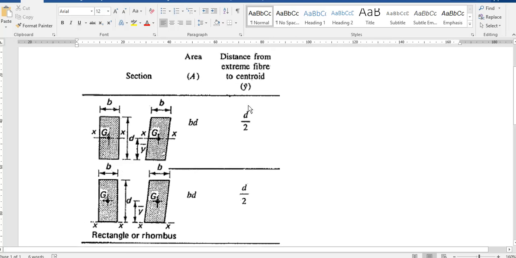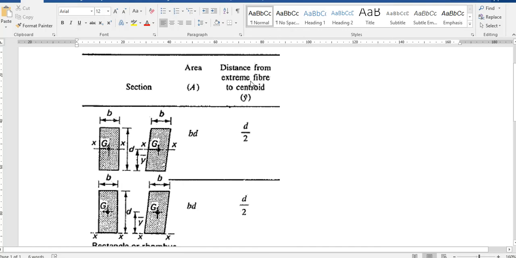Then there's a column called distance from the extreme fiber to the centroid. Extreme fiber just means the furthermost points.